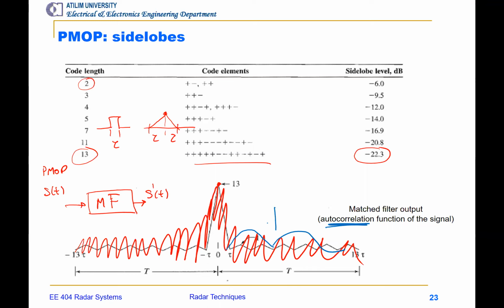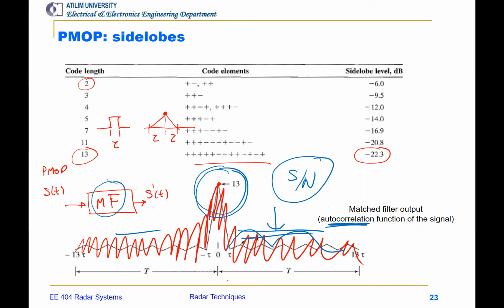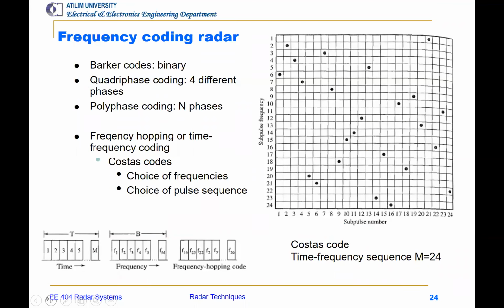We'd like to suppress the side lobes and try to get a very high peak here, and increase the signal to noise ratio in this way, which is the goal of the matched filter. This is simply related to the signal that we transmit. If we choose an appropriate signal, just like the sequence, then I can suppress those side lobes and increase the signal to noise ratio, so increase the probability of detection.